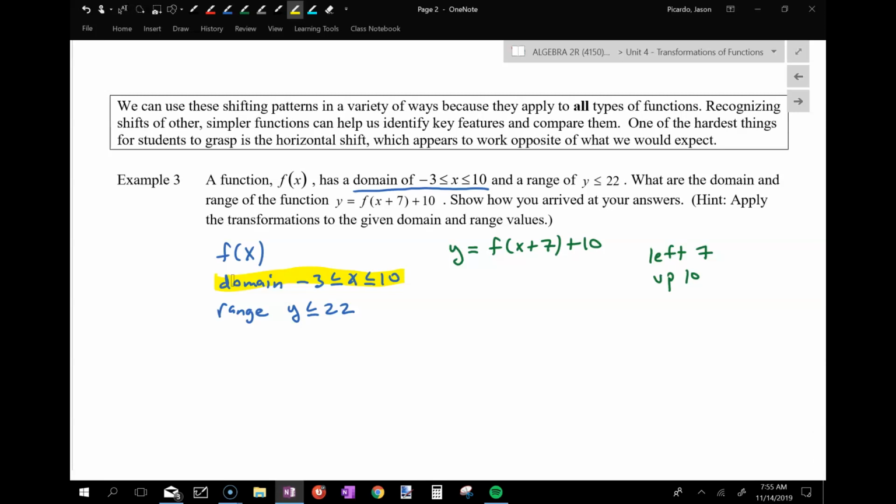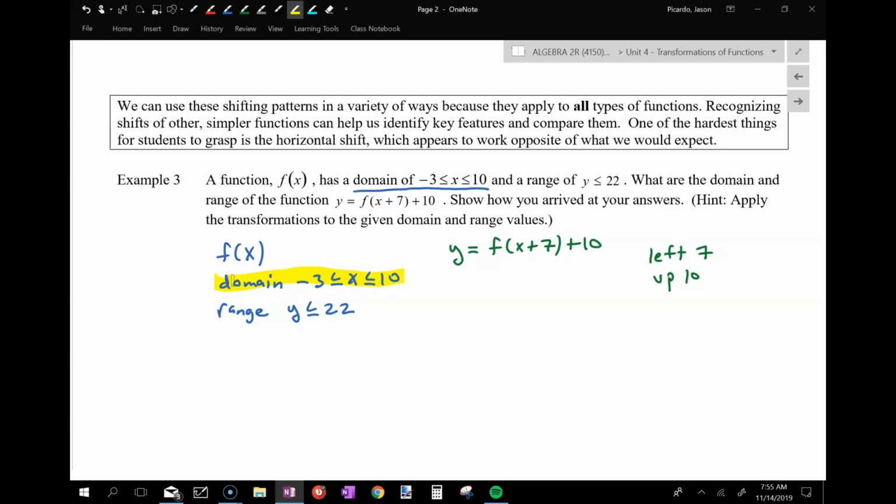Range means what? Up and down, correct? So I want to be less than or equal to 22. If this is 22, that means my whole graph is down here. But what do I want to do to this graph? I want to shift it up 10. So the highest point is no longer 22, it's now 32.